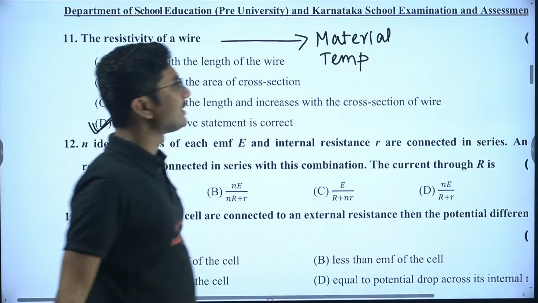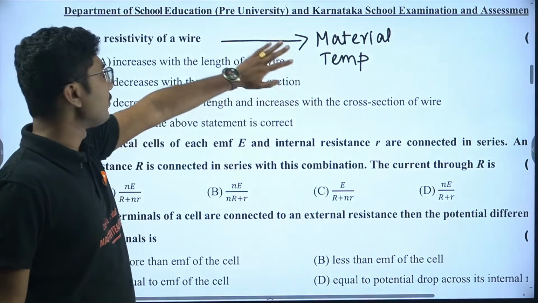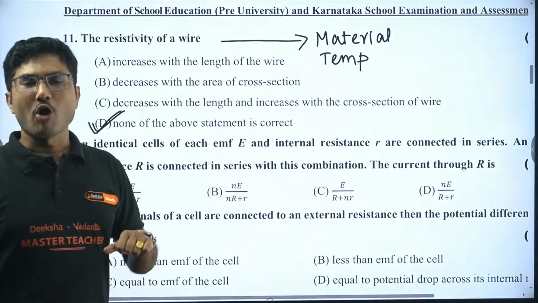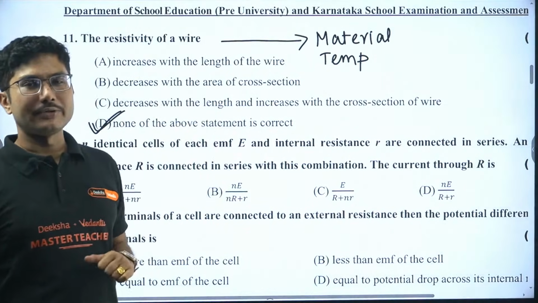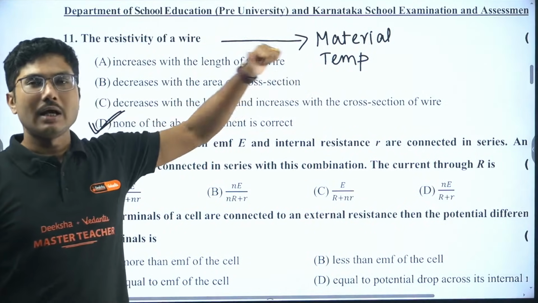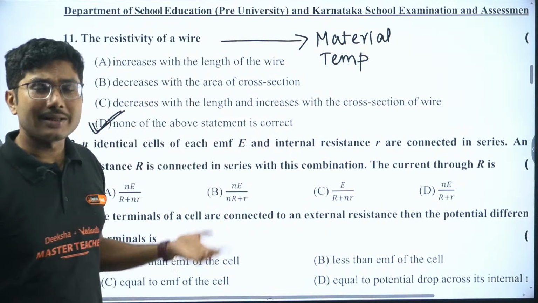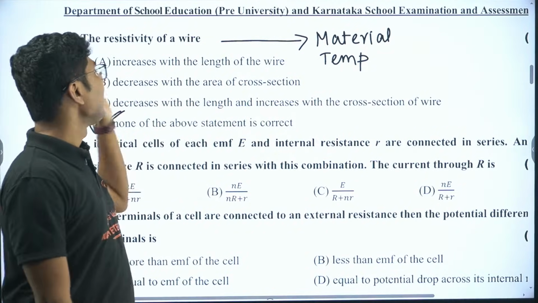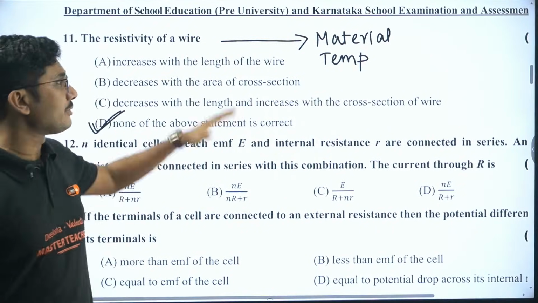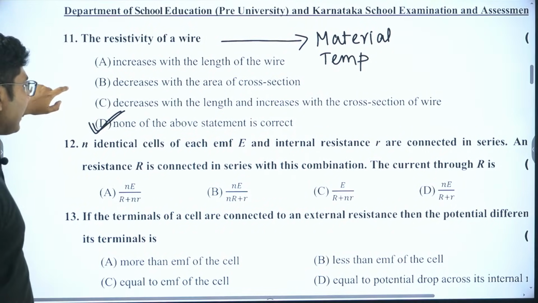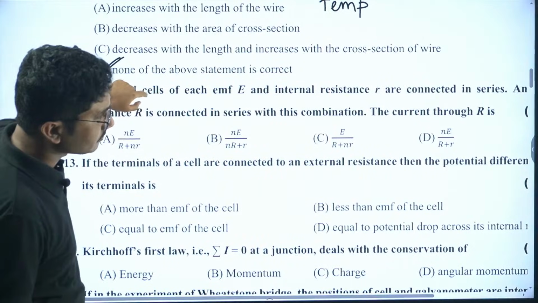These two things can change the resistivity. So if you change the material, say you switch from an iron wire to a copper wire, then the resistivity will change. If you are using it at 20 degrees Celsius and increase the temperature to 30 degrees Celsius, then the resistivity will change. Otherwise, resistivity will not change based on length or cross section. So none of the above statement is correct for this question.